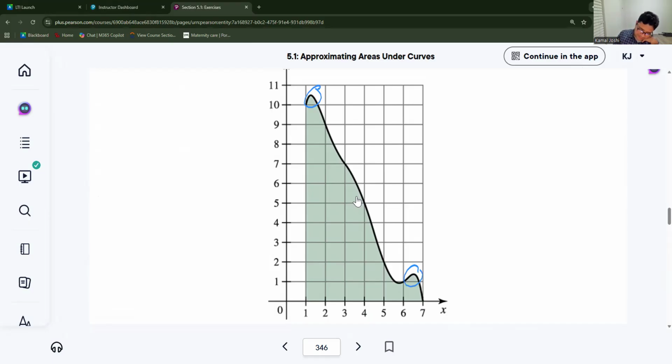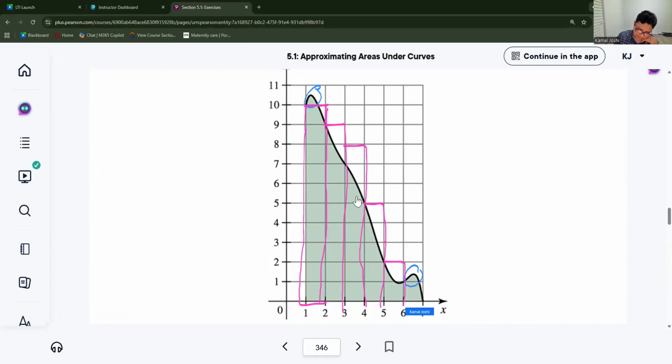For example, between 1 and 2, here actually it will balance out because some part is increasing and then it is decreasing. This might be more or less accurate, but after that, this is an overestimate because you are using the left endpoint as your height. And that's clearly an overestimate.